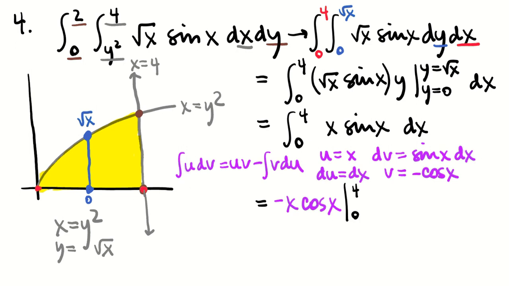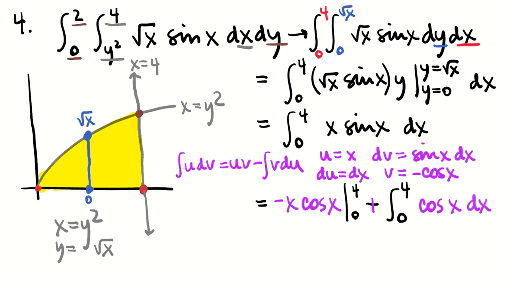Why 4? Trig. I think we could have come up with maybe exponential or something a little better so we don't have to deal with cosine of 4, but it's all right. Not our problem. Minus the integral from 0 to 4 of v du. Okay, so since v is negative cosine x, that'll make that a plus. And du is dx, so cosine x dx.